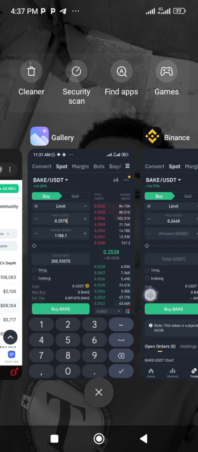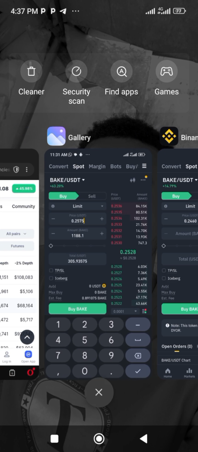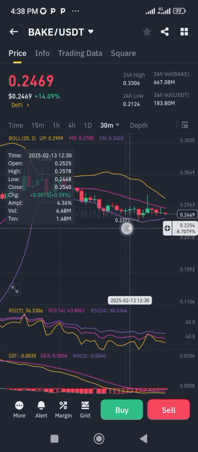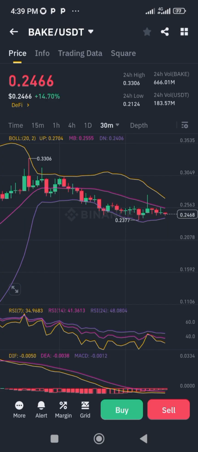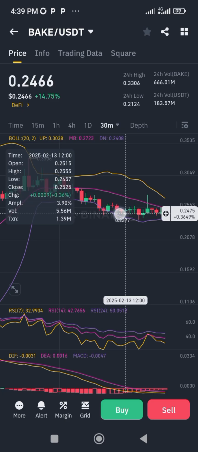So you can check the time, it was 11:31 a.m. Let me point this out to show you the clear analysis. You can see the date here, 13 February 2025, and the real time, 11:30.